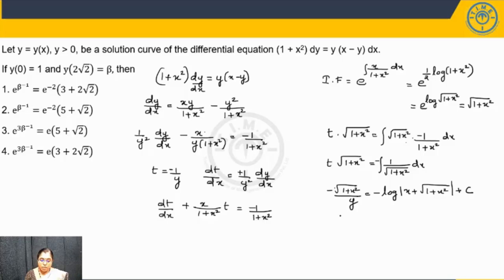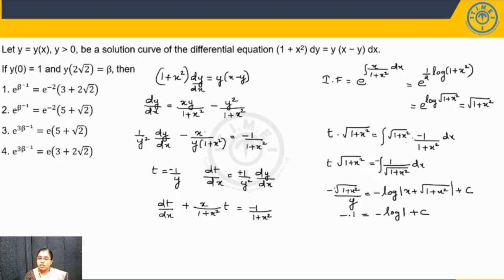Now let's put x = 0 and y = 1. So we get −1 = −log(...); how do we get −1? 1 + 0² is 1, and this is also 1. So −1 = log(0 + √1), that means log 1, + c.